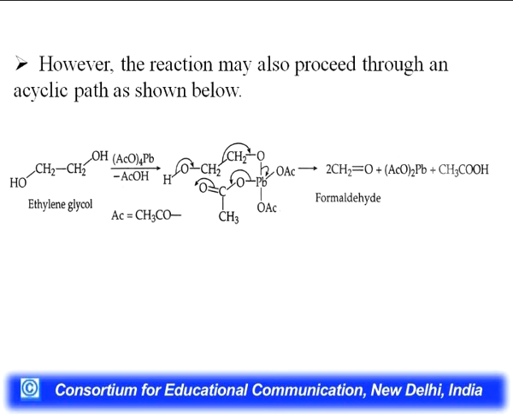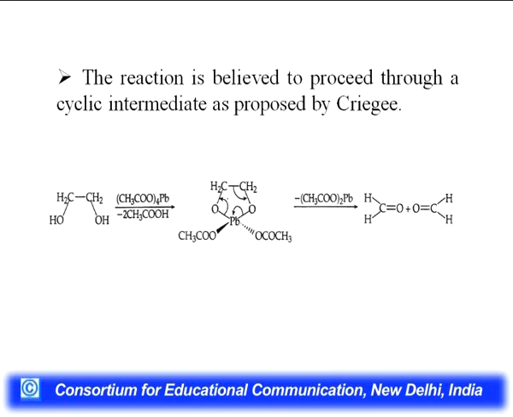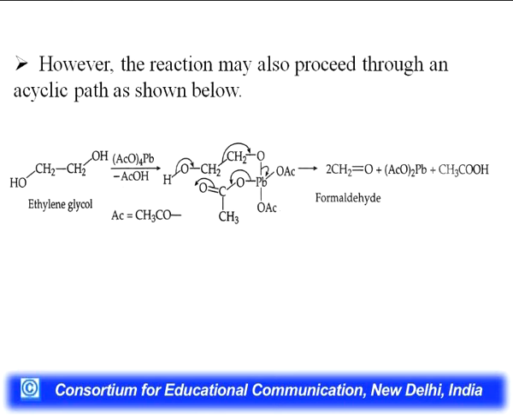And the intermediate which forms, you can see how it forms in the structure, and then there is a bond formation or breakage to give formaldehyde along with lead acetate and acetic acid. So, there are 2 possible mechanisms for this reaction. One is given by Criegee through a cyclic intermediate, another one is the acyclic path, because there is no formation of a cyclic intermediate.